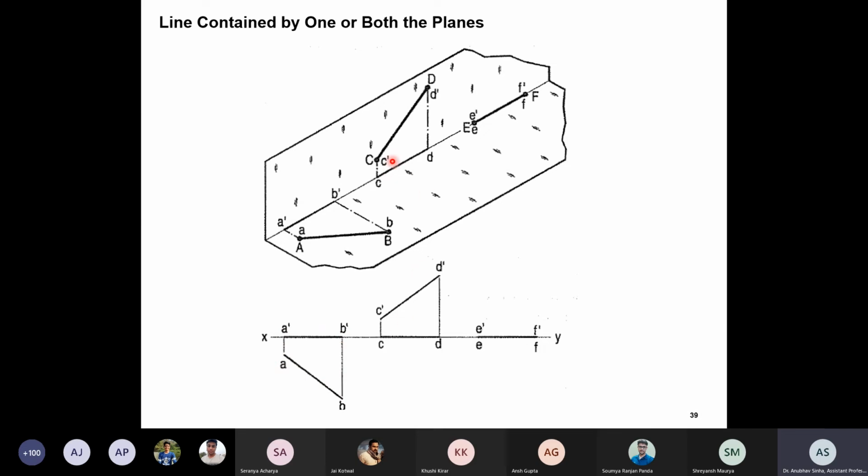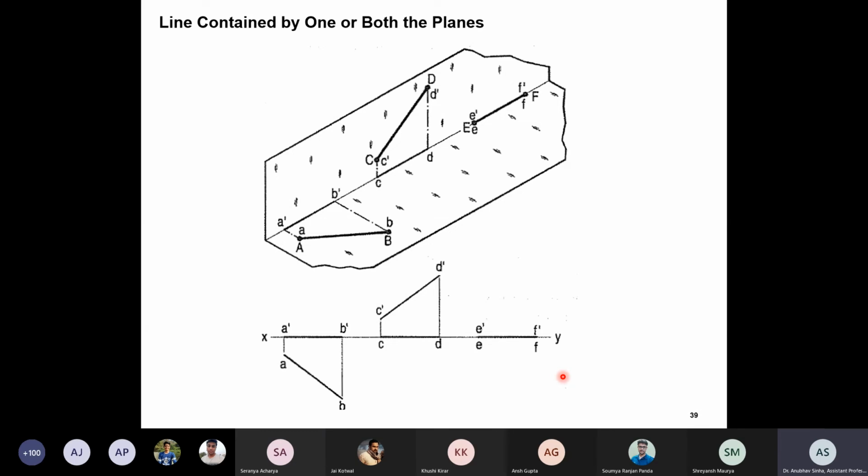Similarly for CD, C dash D dash, you draw the projection on this plane and then take parallel straight lines where it will meet this reference line. It will be small CD. Are you getting this? How we are making the projection? Yes, sir.